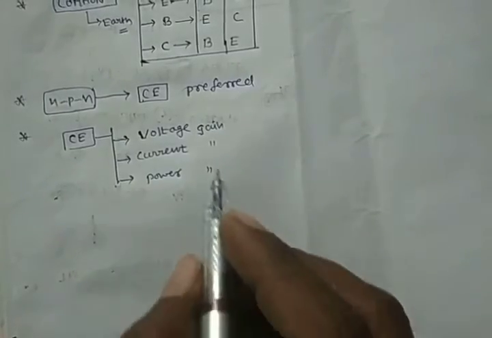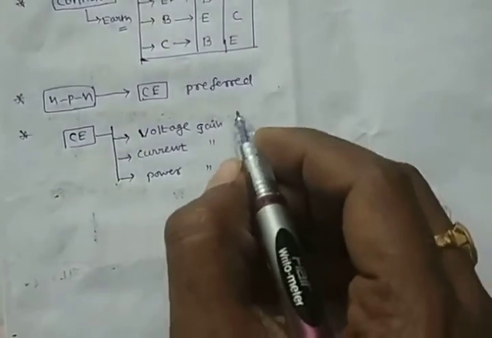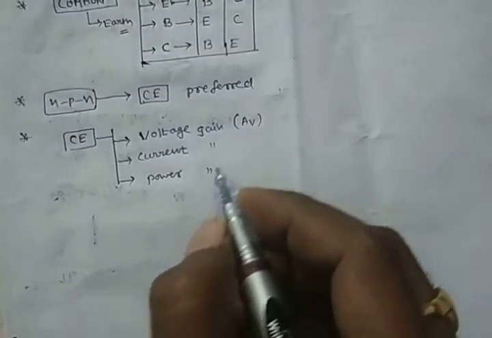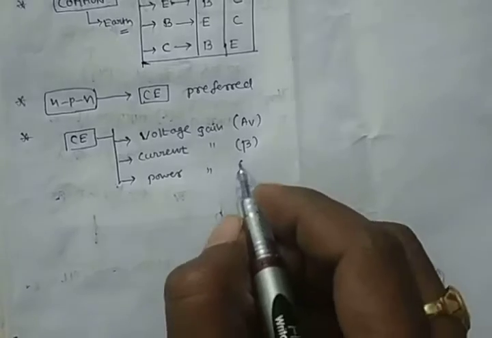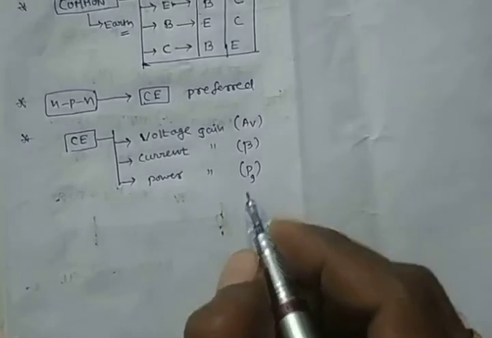Voltage gain, current gain, and power gain. The voltage gain is represented by AV, current gain is represented by beta, power gain is represented by PG.